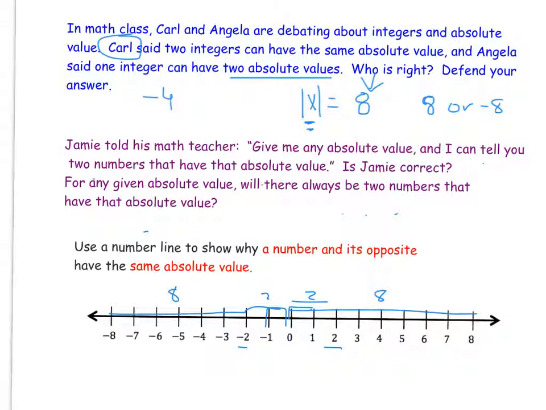So I agree that a number and its opposite have the same absolute value, but getting back to this one, what about 0? What's 0's absolute value? That's just 0. And you don't have another number that is 0 away. So she is correct except for 0.